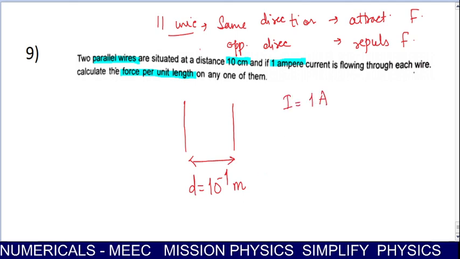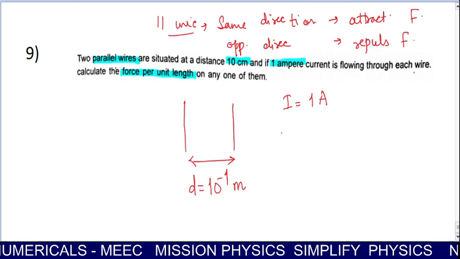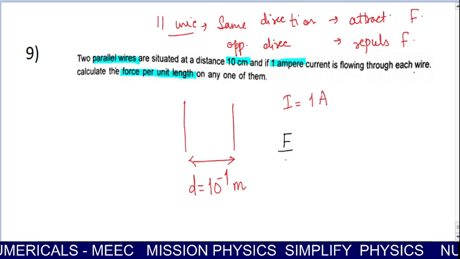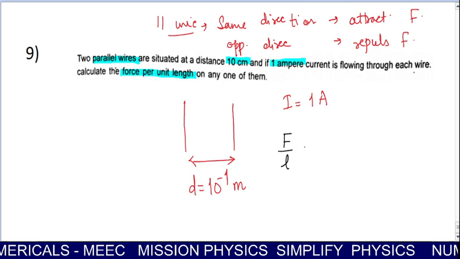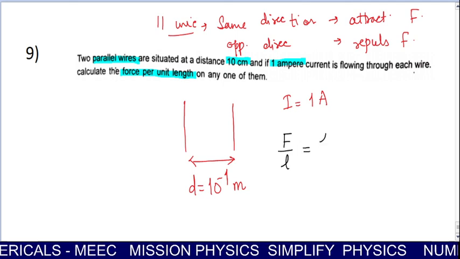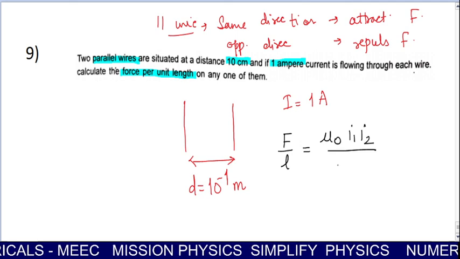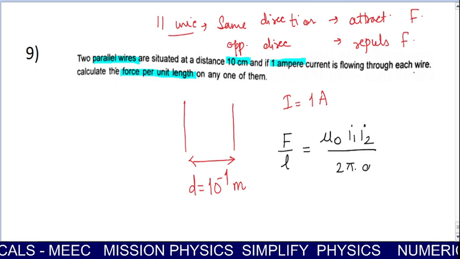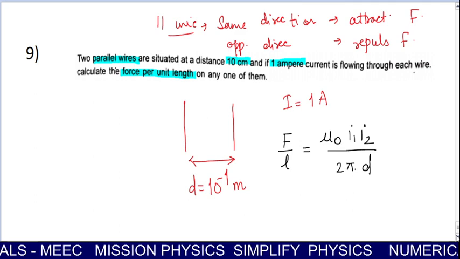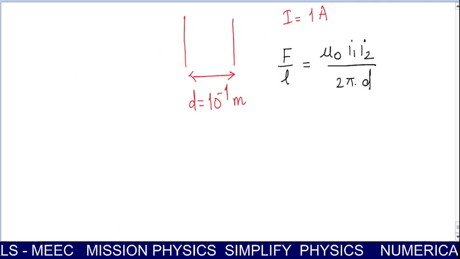Now the expression for the force per unit length acting between two wires is given as mu naught I1 I2 divided by 2 pi into d. So we can put the value of mu naught.